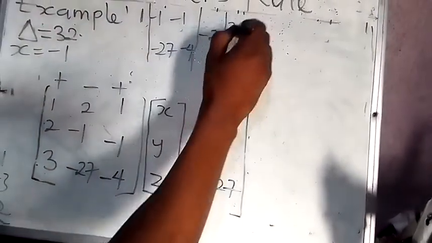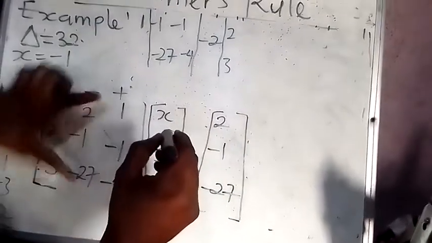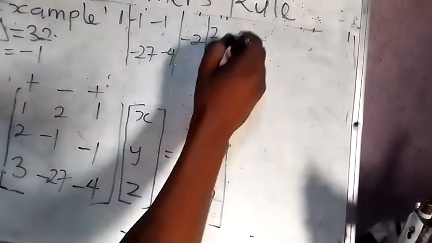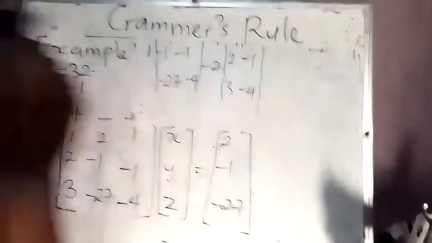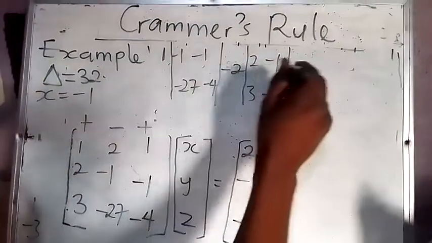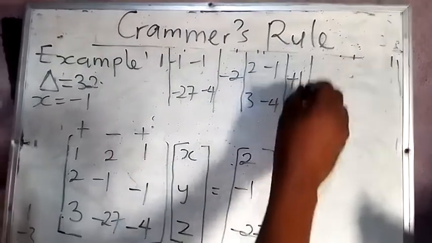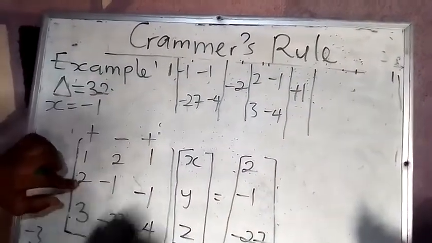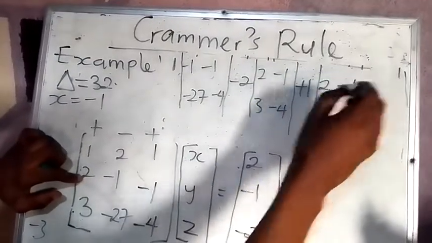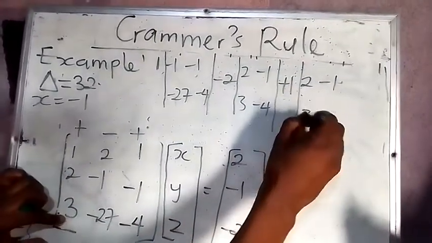Have it 2, 3, minus 1, minus 4. And we have plus 1. Cross this, cross this. We have 2, minus 1, 3, minus 27.